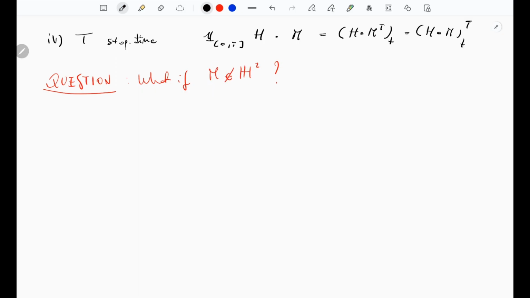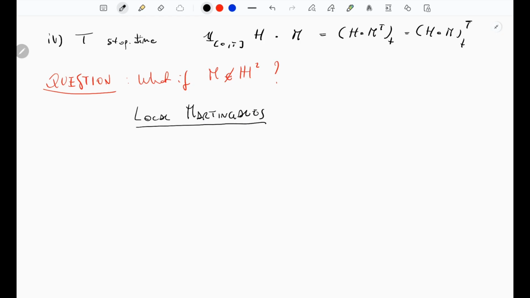So what if you don't have a martingale in H2? Well, there is a class of stochastic processes, and again, I haven't really found much on this topic on YouTube, called local martingales.